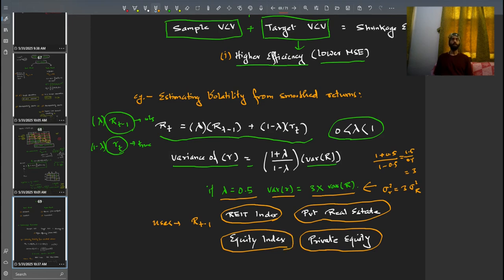In case of private equity, the observed return is taken from the equity index, and from there you adjust it with respect to the true return. You use the lambda value here, and then you decide whether to invest in the private equity investment or not, right? This is how this kind of shrinkage estimation works.